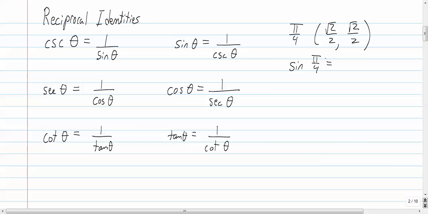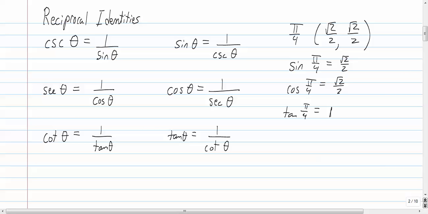So the sine of pi over 4 is y, square root of 2 over 2. The cosine of pi over 4 is x, again square root of 2 over 2. And the tangent of pi over 4 is 1.